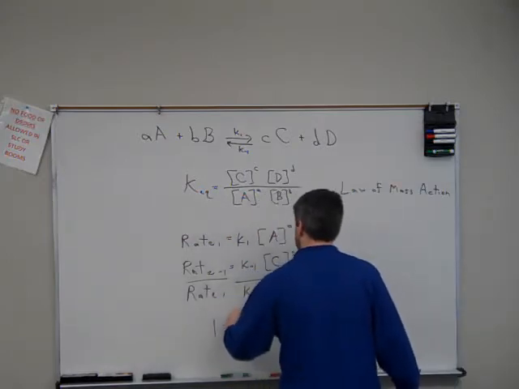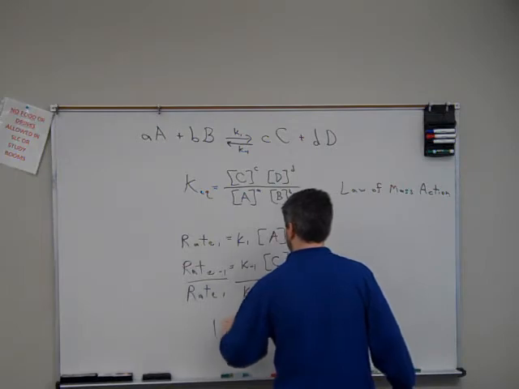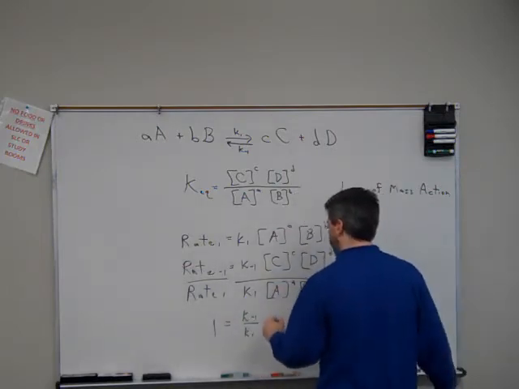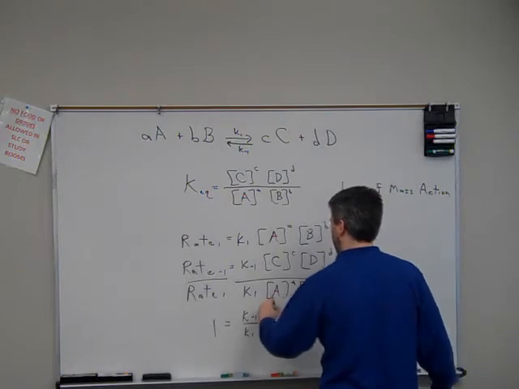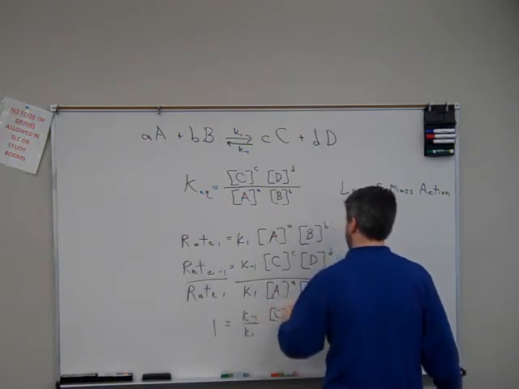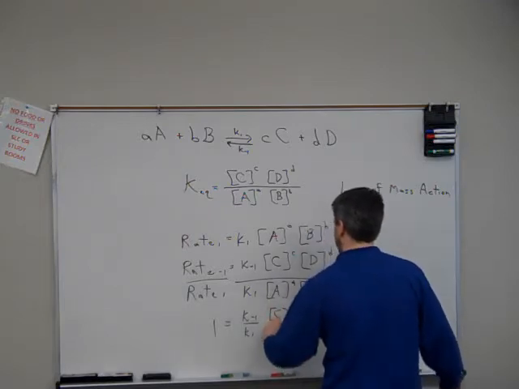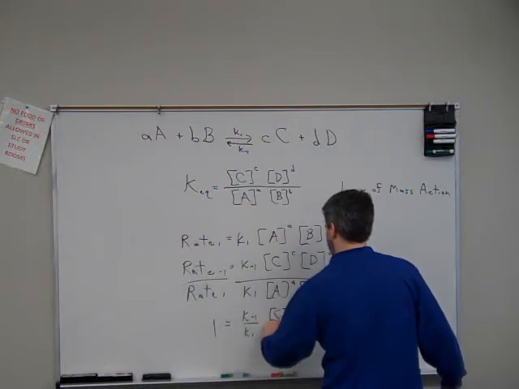So 1 is equal to K to the -1 over K to the +1, times C to the C over, or times D to the D over A to the A and B to the B.